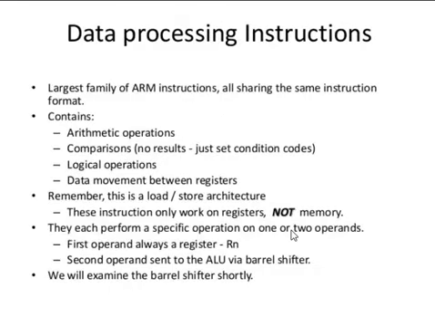Now data processing instructions include arithmetic operations, then data movement between different registers like move, arithmetic operations like addition, add with carry, subtract, subtract with carry, and so on. Comparisons like CMP, and logical operations like AND, OR.